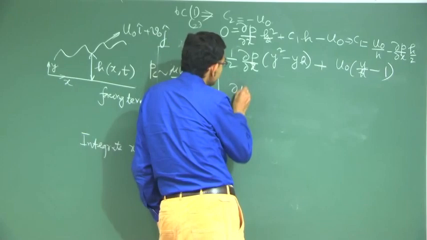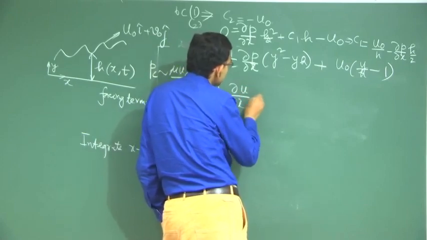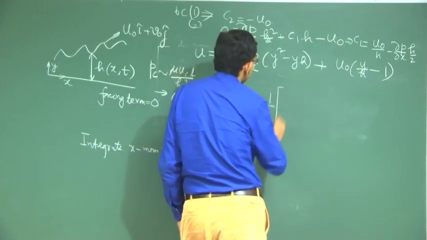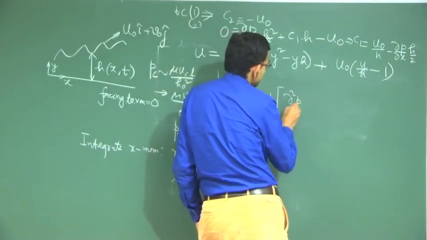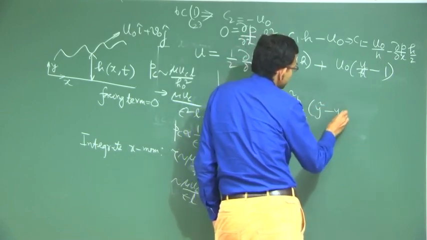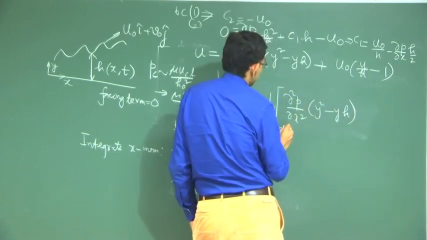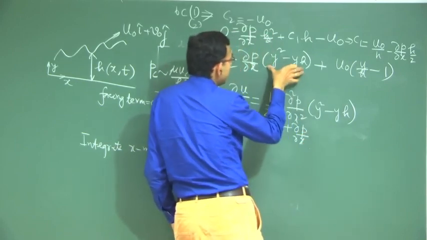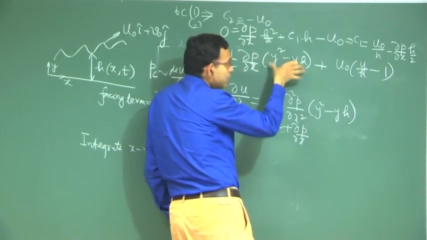What will be the derivative of this with respect to x? We are using a product rule.